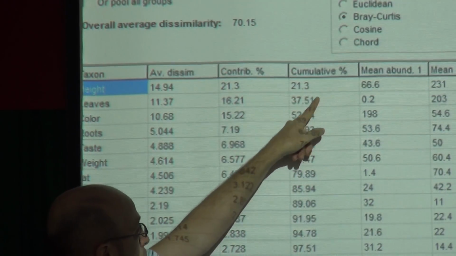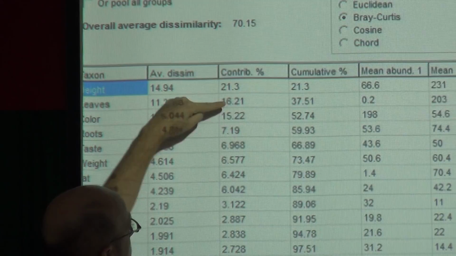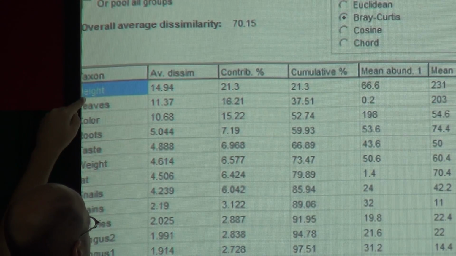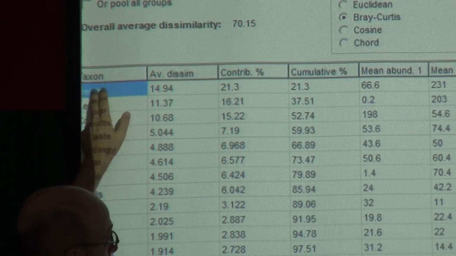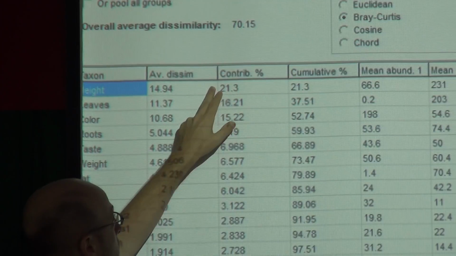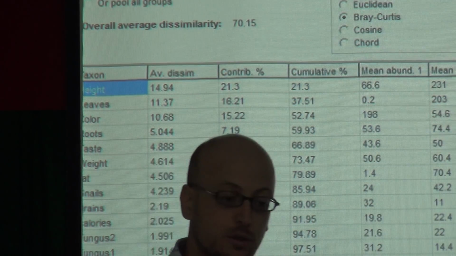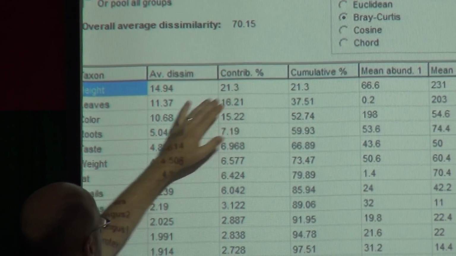So each one of these numbers, so 37.51 is this one plus this one. So for each time that you go down, for example, if you just look at height, there is a 21%. Height is responsible for 21% of the differences between the groups.